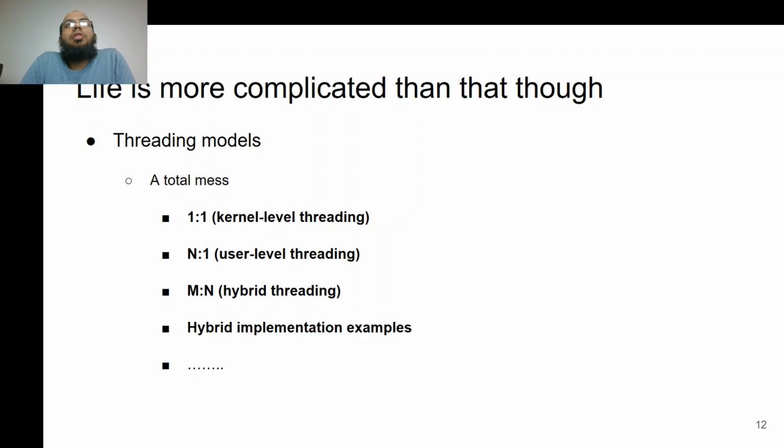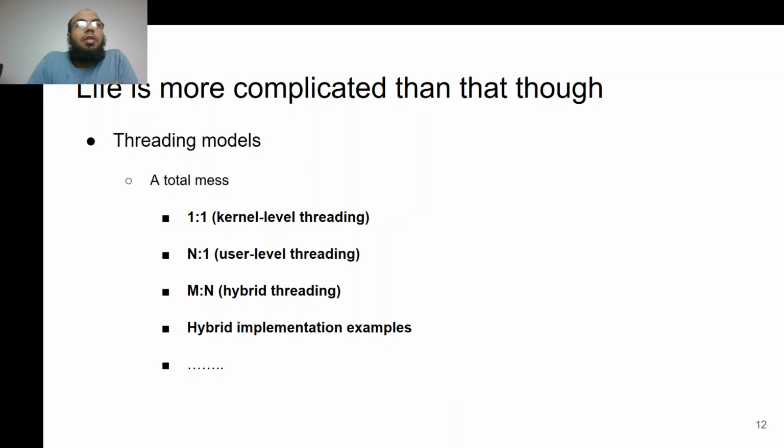Operating system designers, because the operating systems are not to blame, have implemented and built way more systems than can be presented in a single course. But threading models is one of these complicated, very fanatic topics among operating system designers.